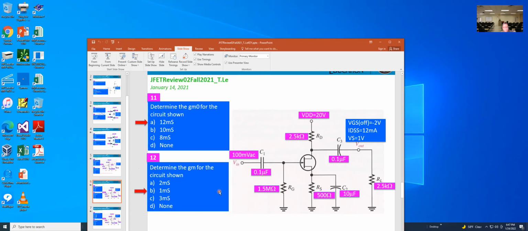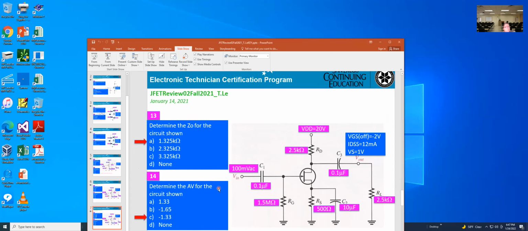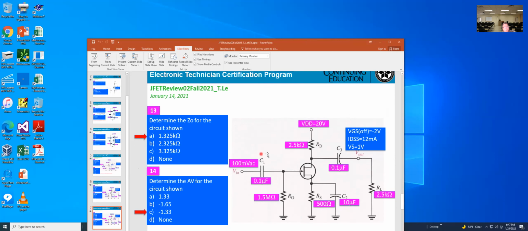Correct. 13. They want to get the output impedance. Output impedance will be the parallel combination of RD and RL.